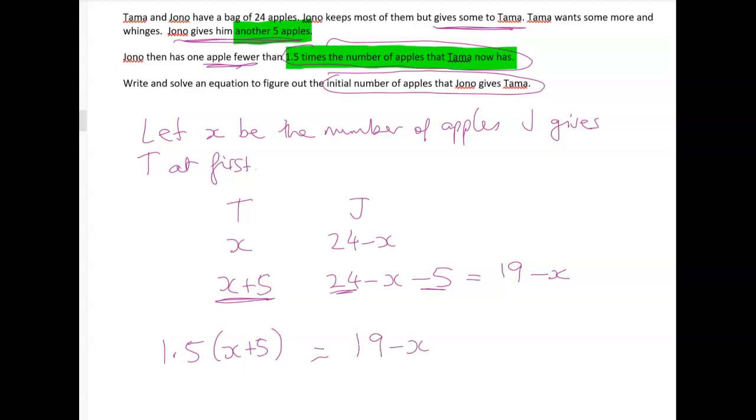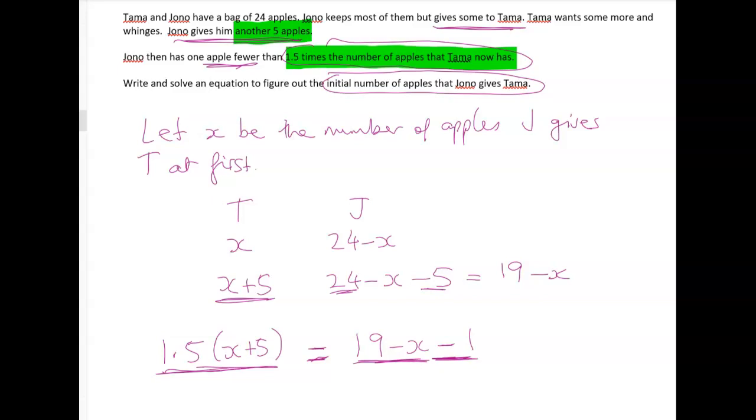Jono's got 1 apple fewer than that, so we have to take 1 away here. Okay, so 1.5 times what Tama's got is what Jono's got, but then we have to take 1 away from it. Now I'm just looking at that, and I think I've got that wrong. Yeah, I have got that wrong.